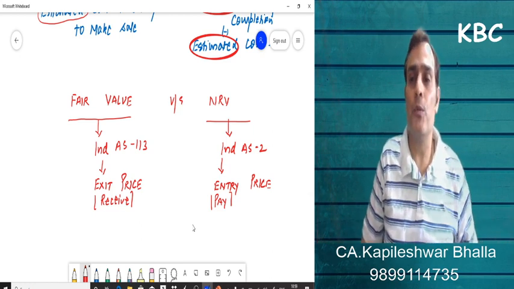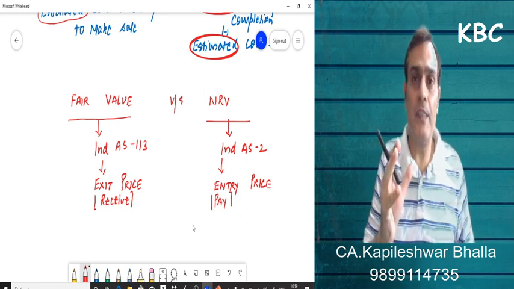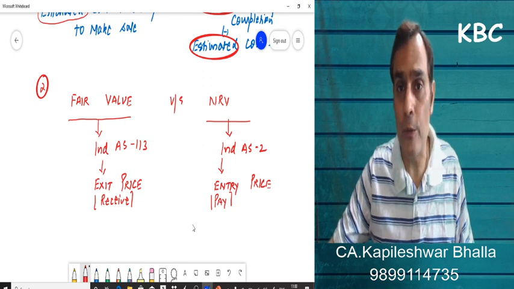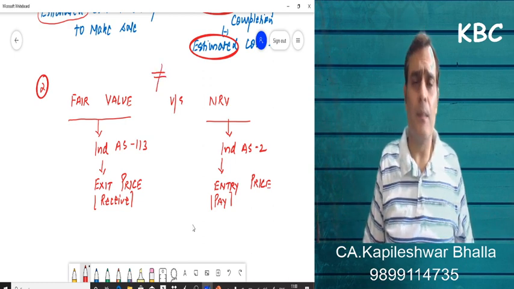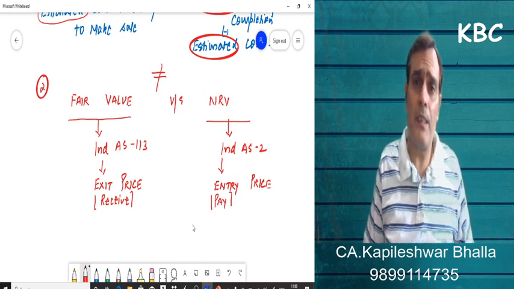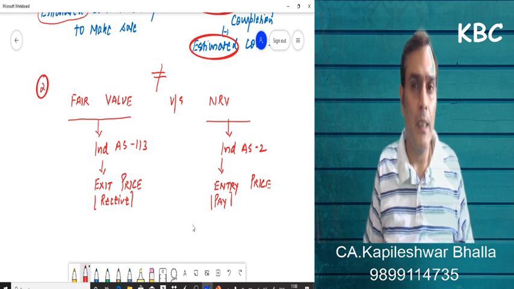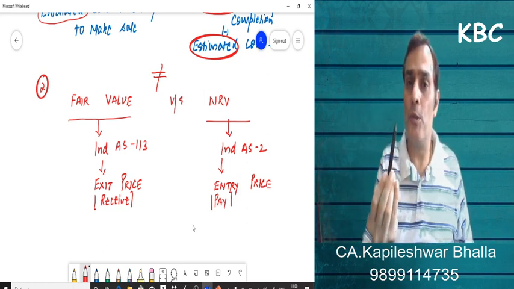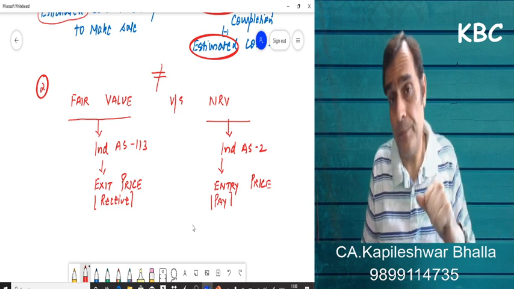So Ind AS 2 has made it very clear that, when looking at the NRV, the second point is that the NRV and the fair value are absolutely different concepts. But is it possible that in some cases, not all, the entry and the exit price might be the same? The price which you pay to acquire the asset and the price which you get to sell the asset might be equal? Yes, it can be.